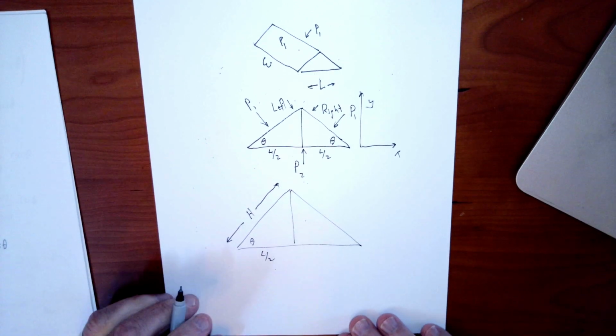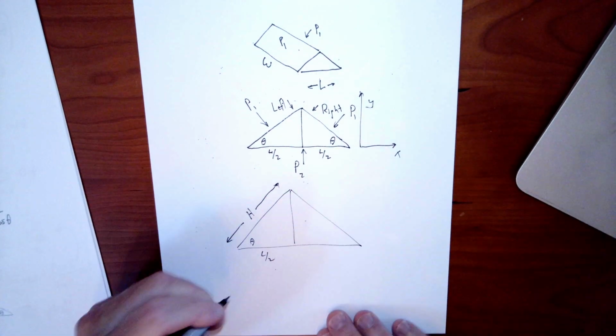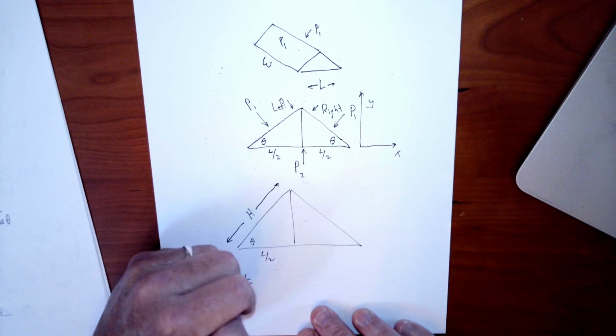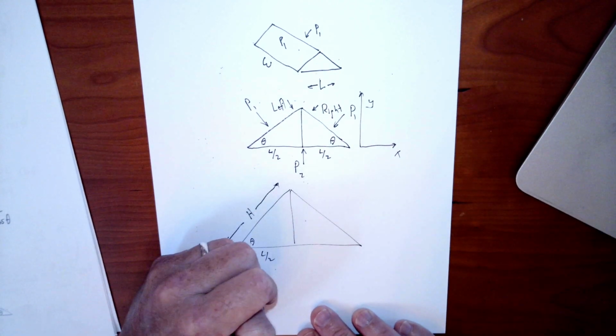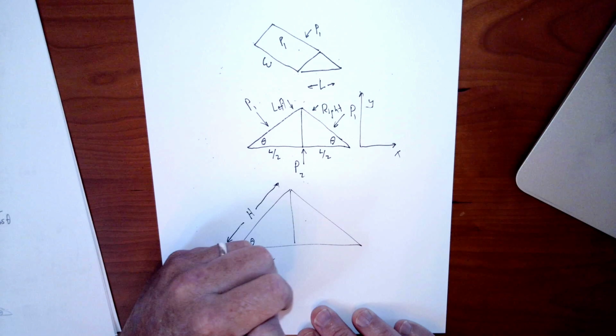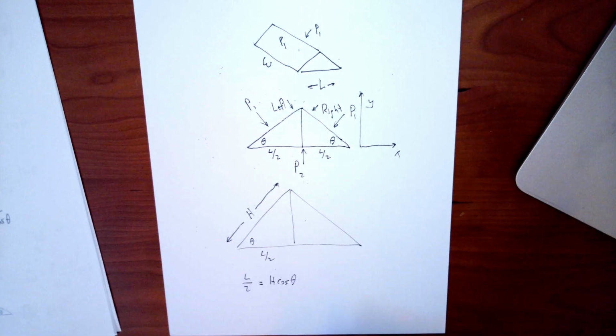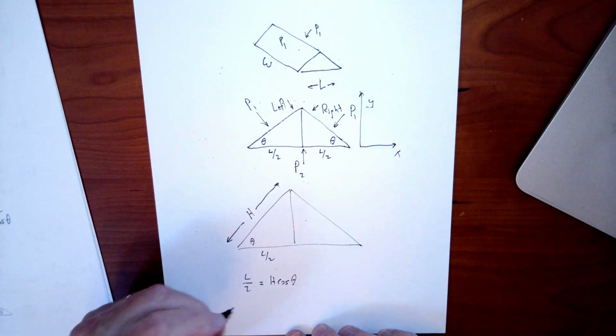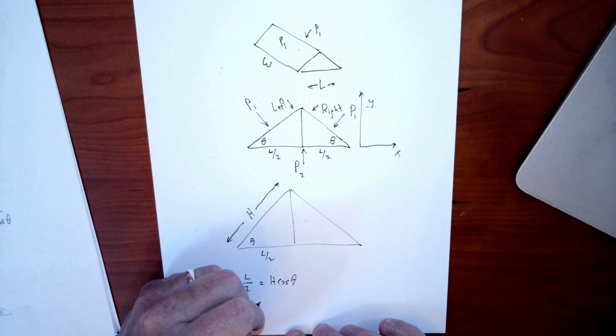The formula that you might remember, I hope you do, is that L over 2 is equal to H, which is the hypotenuse, times cosine theta. That's the definition of cosine. And so we can solve that for H, because in this case we know L over 2.